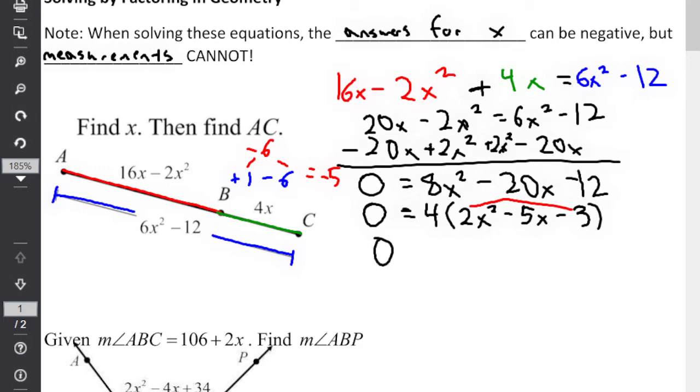So don't lose your 4. First term is still the first term. The last term is still the last term. But instead of my middle term of minus 5x, I'm instead going to put plus 1x minus 6x.